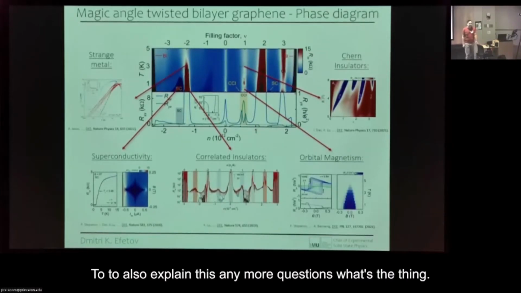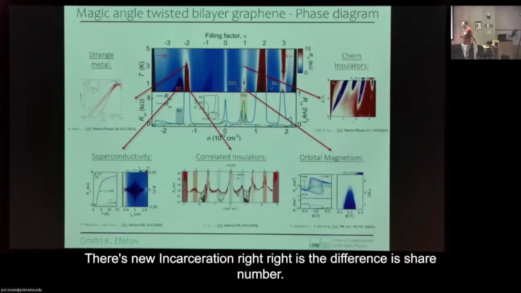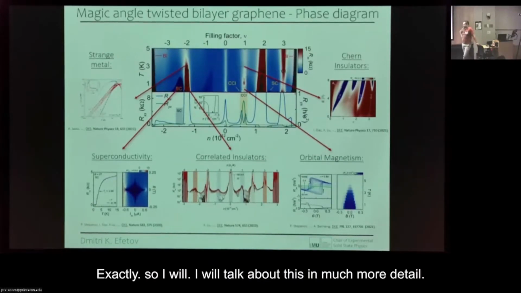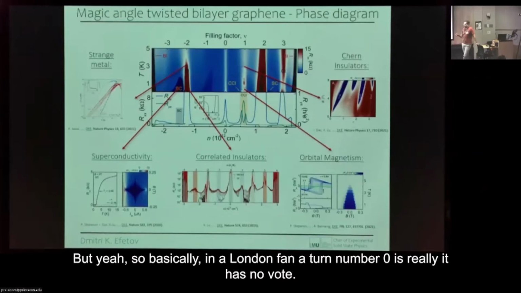Any more questions? I just want to ask, what's the difference between correlated and topological here? I mean, both of them are correlated, right? The difference is the Chern number. But how do you tell that in an experiment? I will talk about this in much more detail.